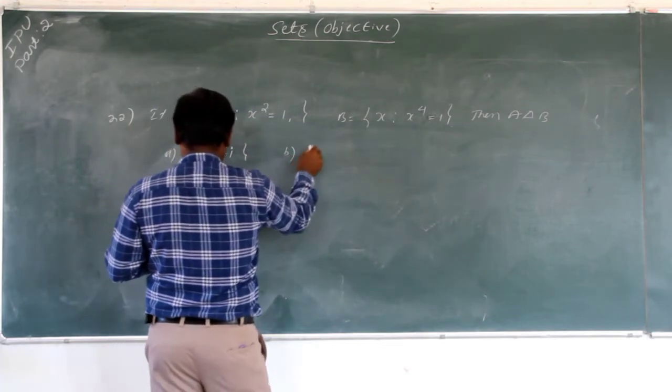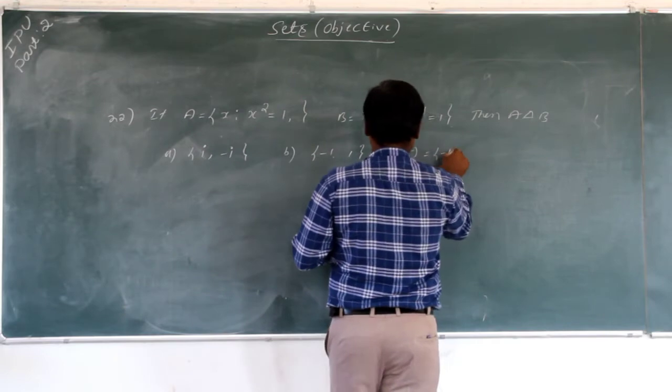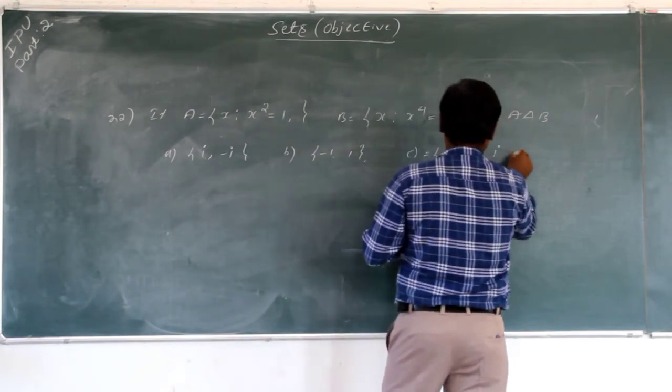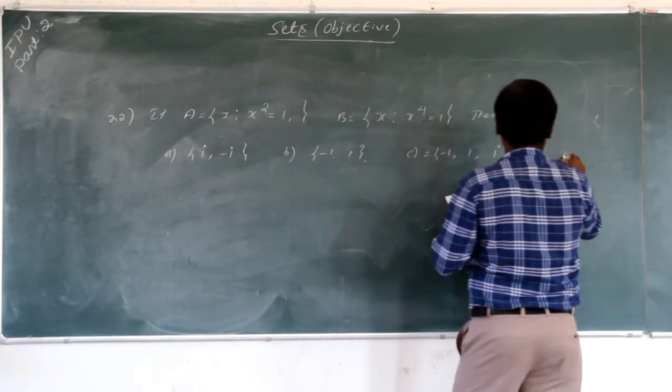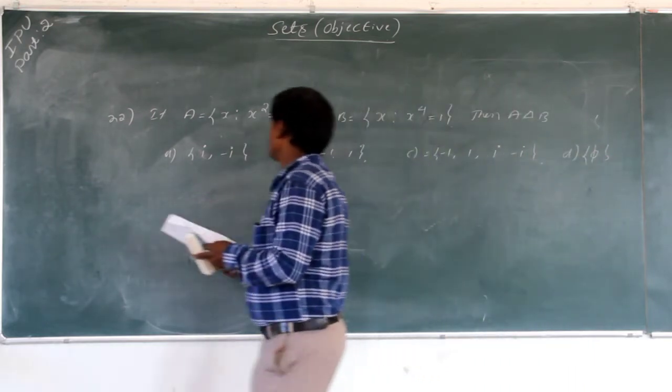Option B is minus 1. Option C is minus 1, plus 1, i, minus i. And D is the answer. So which of the following is the answer?